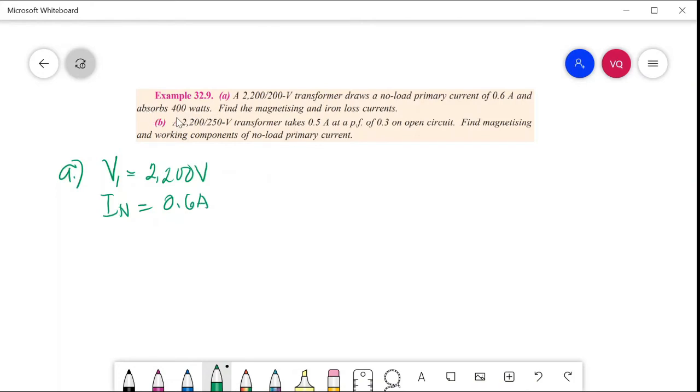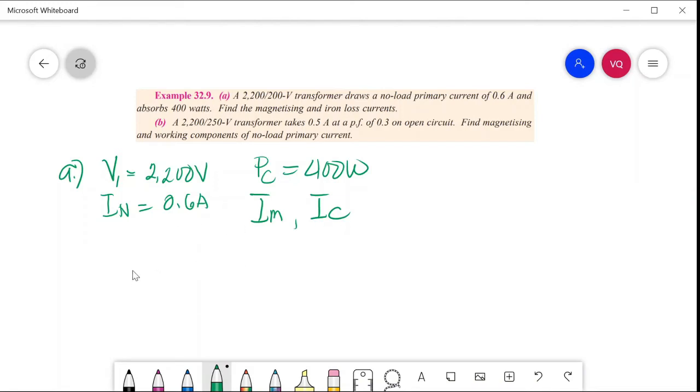And 400 watts, only the resistive component has a wattage. So this is your PC, the power loss in your windings, that is 400 watts. Find the magnetizing, that is your IM, and iron loss current, which is IC. So how will we solve this IM and IC?